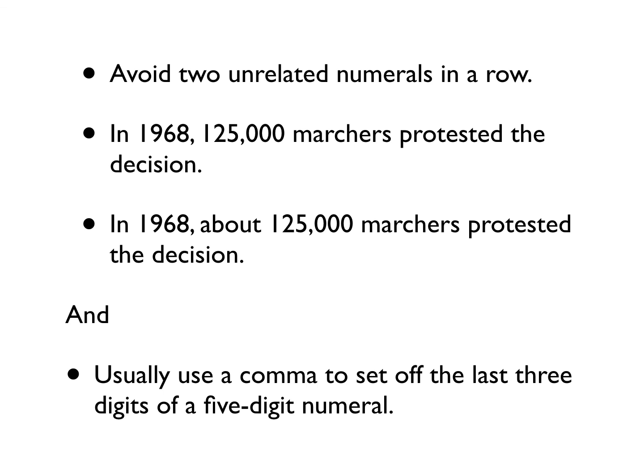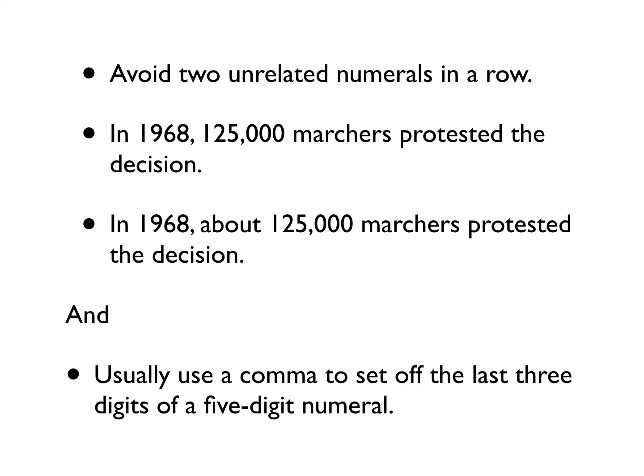Avoid 2 unrelated numerals in a row. In the next example, you can see why you would want to avoid that. "In 1968, 125,000 marchers protested the decision." It doesn't sound so bad when I read it out loud, but when I look at it, it's a bit confusing to the reader.